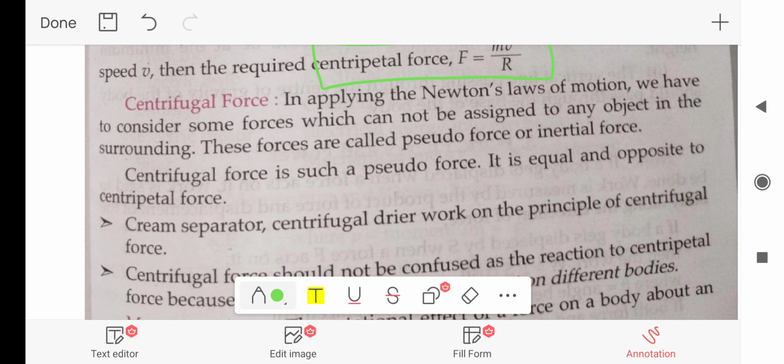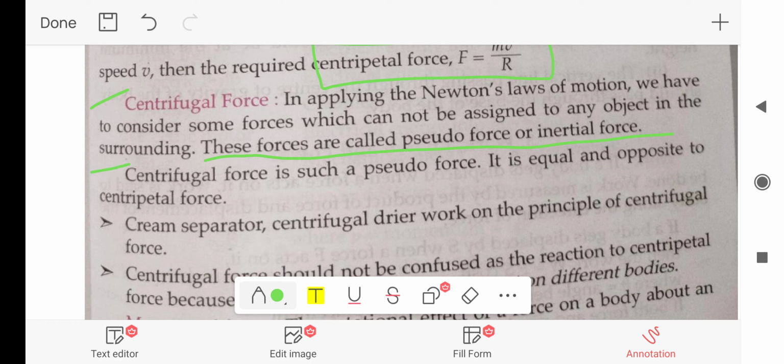Centrifugal force. In applying Newton's laws of motion, we have to consider some forces which cannot be assigned to any object in the surrounding. These forces are called pseudo-force or inertia force. Centrifugal force is such a pseudo-force.